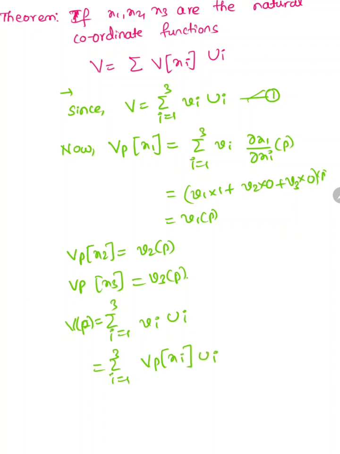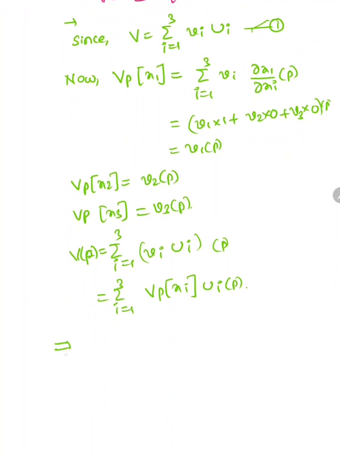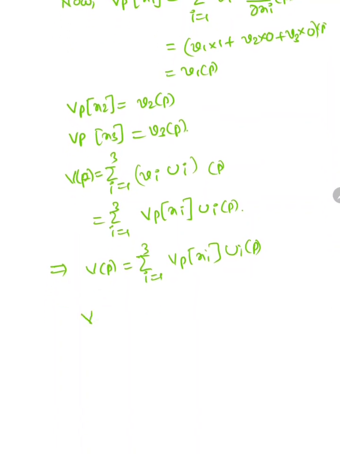So this implies v of p is equal to summation i is equal to 1 to 3 of v_p of xi into Ui of p. As p is arbitrary, we can rewrite v is equal to summation i is equal to 1 to 3 of v of xi into Ui. This is how the relation can be proved.